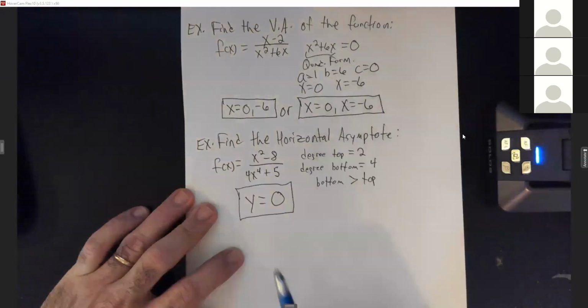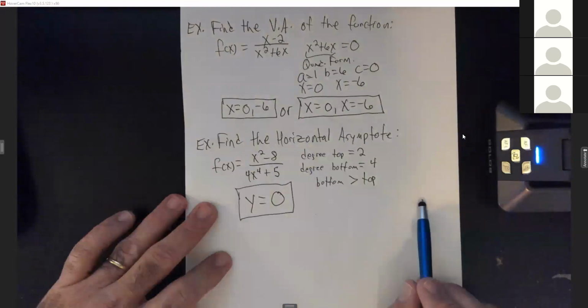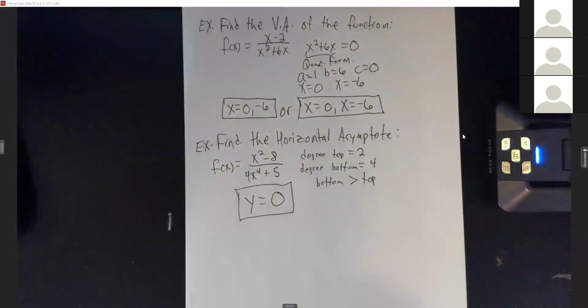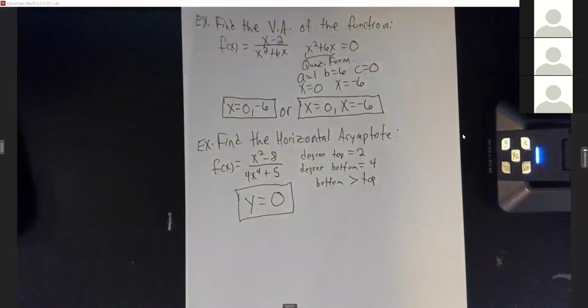Which means over time, this is wanting to try to get up to that x-axis, okay? But it never does get there. And I'm going to show you a picture of something like that.